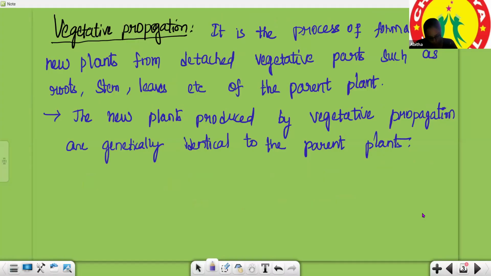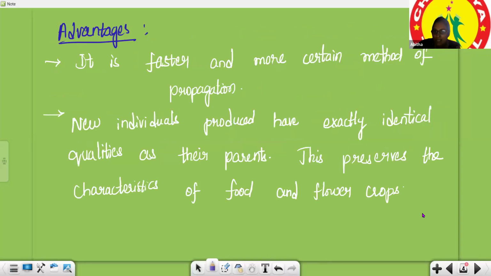Next, coming to vegetative propagation. Vegetative propagation is the phenomenon where the detached vegetative parts are responsible for the generation of a new plant. What are the parts? Root, stem and leaves. What are the advantages? It is a faster and more certain method.